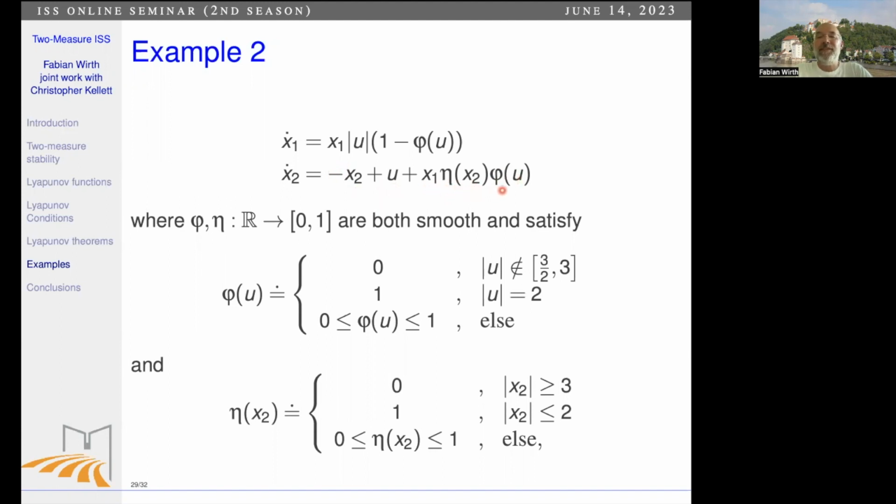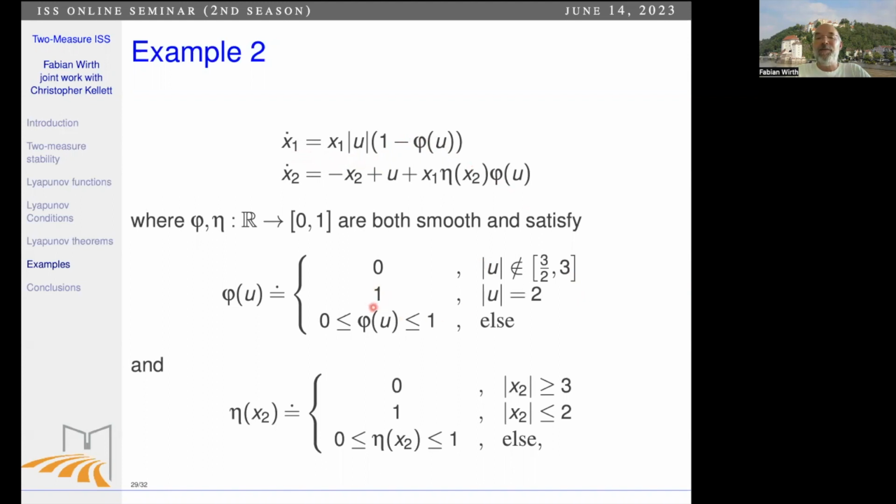And all of this is modulated by these functions eta and phi. And what are they? They're smooth functions taking values in [0, 1]. And they basically tell you something about where it is actually possible to influence using these functions. So phi vanishes outside of this compact interval. So if phi vanishes, then here we just have x1 times u.